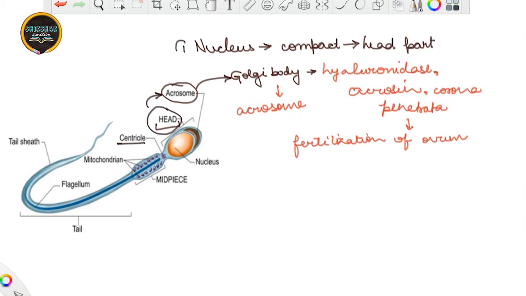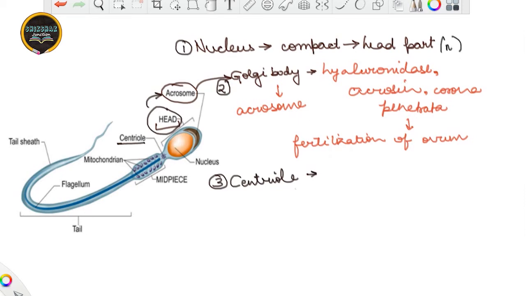So the nucleus is the first part that we have talked about. Then comes the Golgi body, and the third part that we are going to talk about is this centriole portion. Okay, acha, one important thing which I forgot to tell you is about this nucleus. It is the haploid nucleus. That's also something you must remember. Okay, so I am just writing the ploidy level here. It is the haploid part.